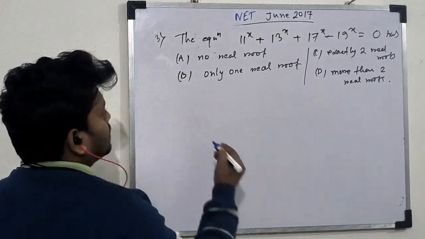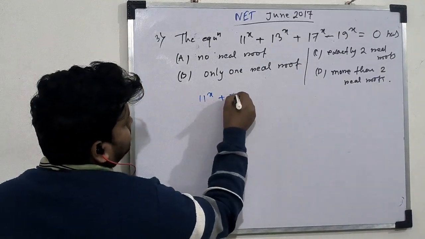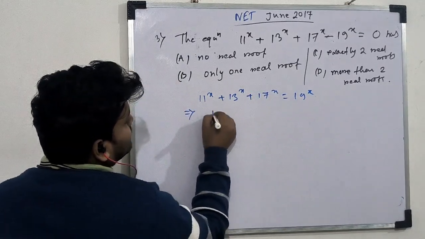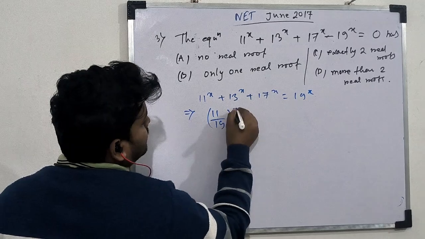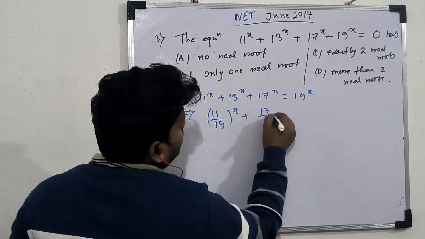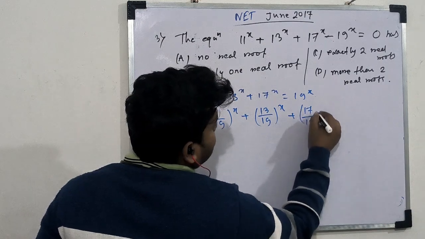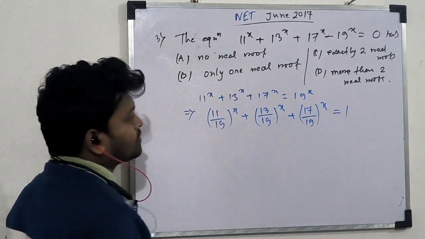So how do we solve? First, if you write this in this form, equal to 19 to the power x, and if you divide it by 19 to the power x, this will look like this: 11 by 19 to the power x plus 13 by 19 to the power x plus 17 by 19 to the power x equal to 1.